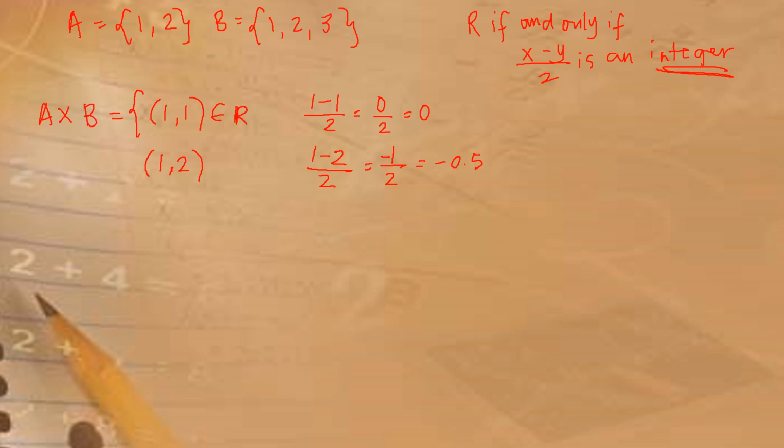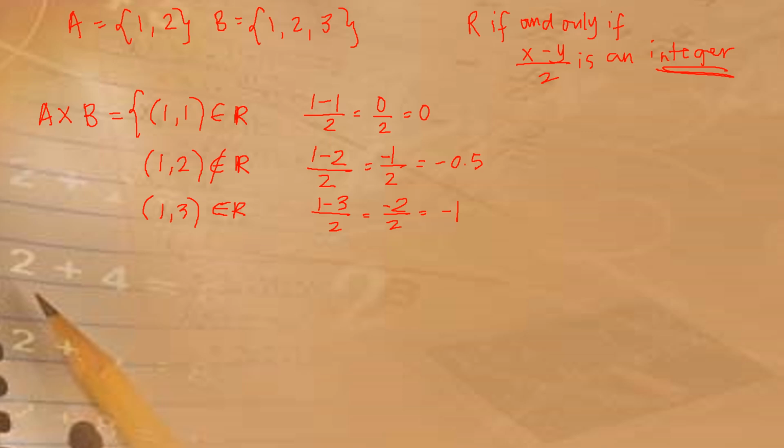Therefore, the ordered pair 1 comma 2 is not a relation. Then, let's proceed to the next one. We have 1 comma 3. Let's try it again. 1 minus 3 over 2. So this is simply negative 2 over 2. This is negative 1. So this is a relation.